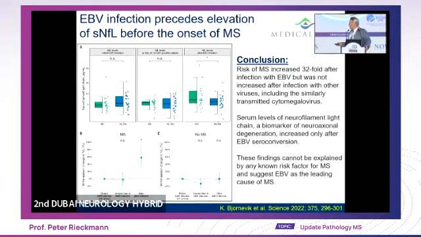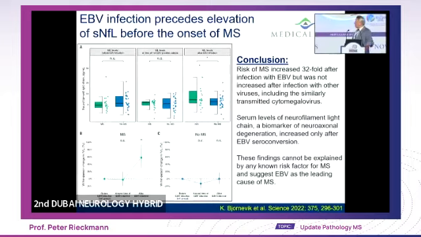And it was seen that the patients who had the Epstein-Barr virus infection also had a significant increase, most of them prior, some of them at the same time as the serum sampling, of this neurofilament light chain. And again, in the controls which didn't develop MS, it stayed low.